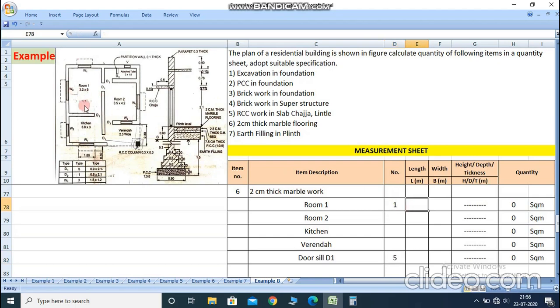Then the length of the room is 3.2 and width is 5, so write here 3.2 and 5. Then for room 2, 3.5 by 4.2, only a single room is given, 3.5 and 4.2. Same for the kitchen, only a single kitchen, 3.8 by 3, so write 1, 3.8 and 3.